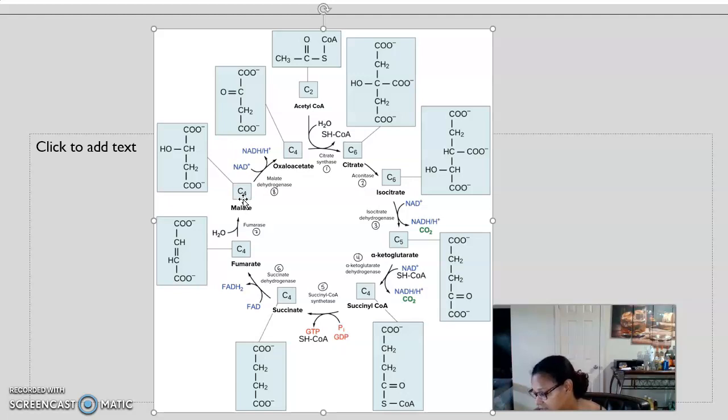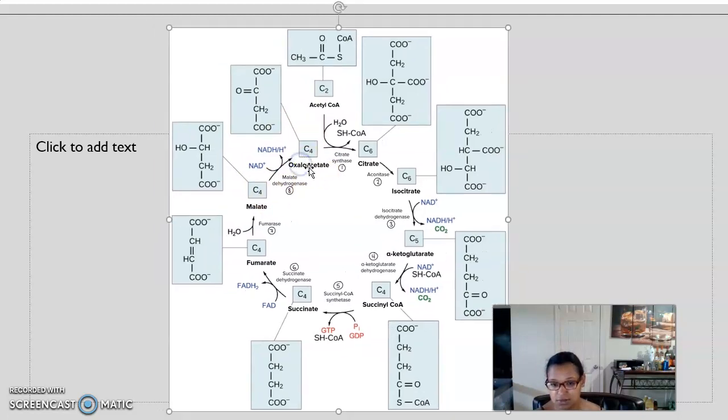The last step in the citric acid cycle regenerates the oxaloacetate by oxidizing malate, and that will make a molecule of NADH. This citric acid cycle process is continuous. It is not stopped. It is just a continuous cycle at the cellular level.